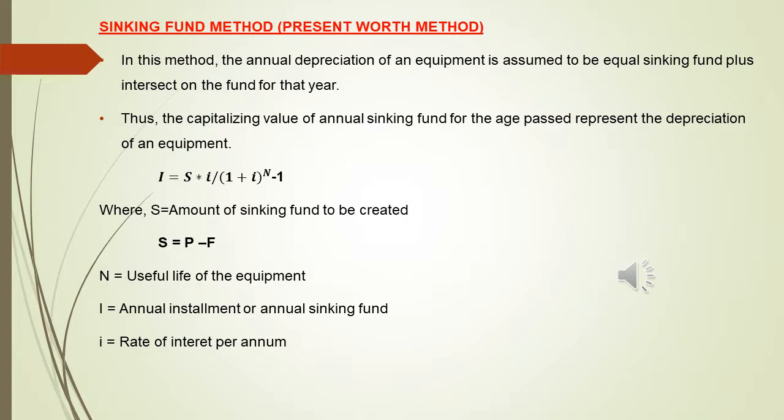So the next point is, thus the capitalizing value of the annual sinking fund for the age past represents the depreciation of an equipment, which is given by I equals S into i divided by (1 plus i) to the power of n minus 1, where S is the amount of sinking fund to be created.